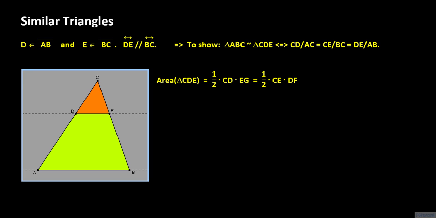Next, we determine the areas of two other triangles. The first triangle is triangle AEC, and the second triangle is triangle BDC. First, we subdivide triangle AEC into triangle AED and triangle CDE.